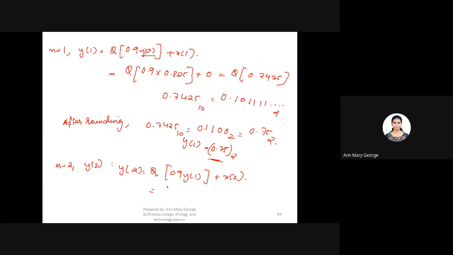This is equal to Q of 0.9 into 0.75 plus 0, that is Q of 0.675.